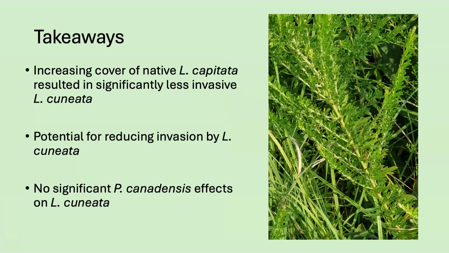And then there is support, I would say, for the limiting similarity hypothesis because increasing cover of that native Lespedeza capitata did result in significantly less cover of the invasive Lespedeza cuneata. So this could help land managers make more informed decisions when dealing with Lespedeza cuneata and have a potential solution for maybe trying to reduce invasion.